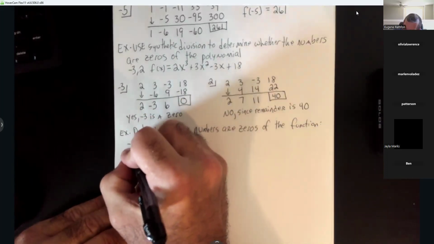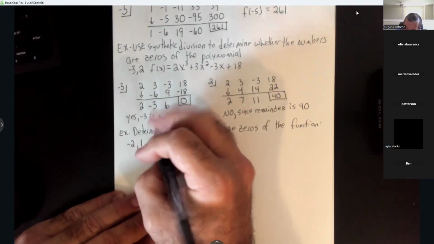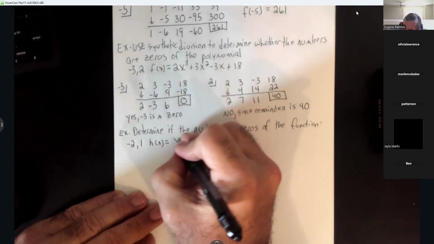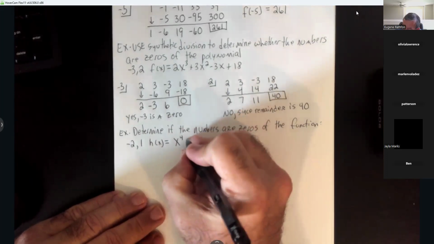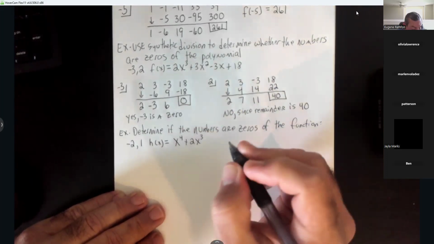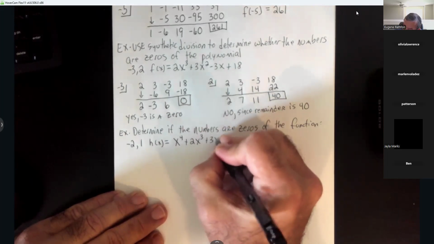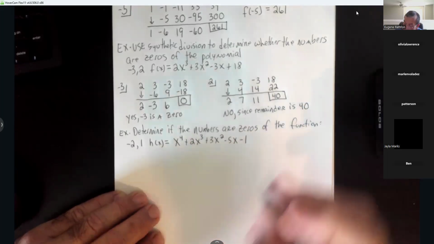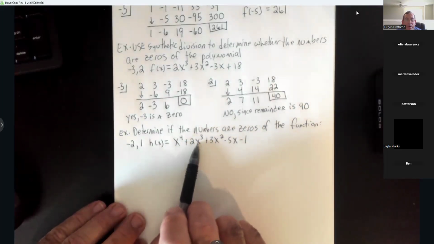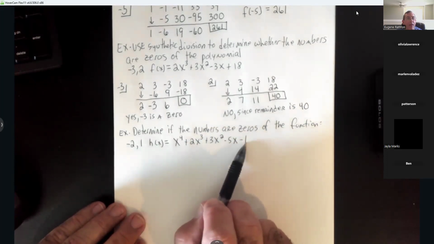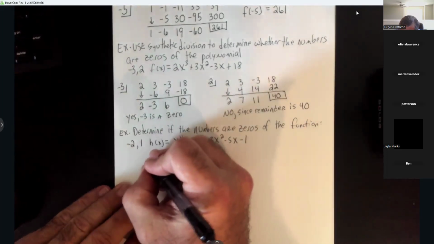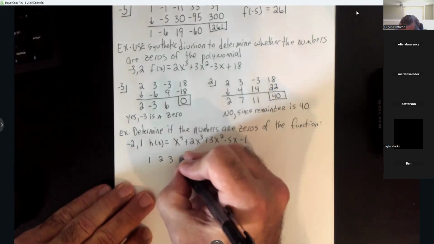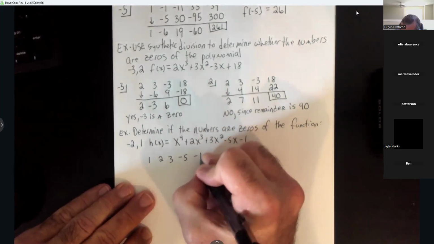All right, y'all, this time we're going to check negative 2 and 1, and they're giving us h of x equals x to the 4th plus 2x cubed plus 3x squared minus 5x minus 1. All right, so let's see. We got our x4, x3, x2, x, constant terms, so nothing's missing. So, y'all, that's a 1, 2, 3, negative 5, negative 1.